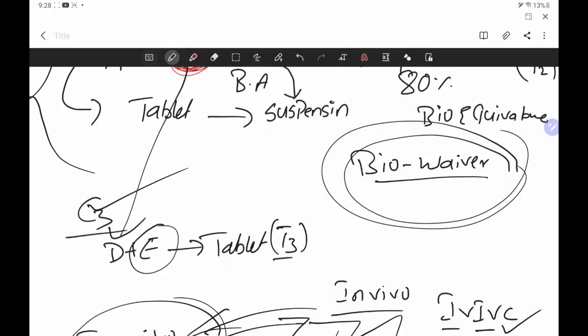I took that data and compared my data with the in vitro studies which I have created by using the IVIVC method. Now it is showing more than 80% bioavailability. I can release this drug into the market. That is what the innovator wants. So that is the whole concept of IVIVC. I hope you understand. Thank you.